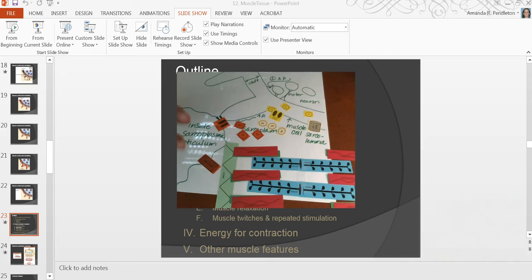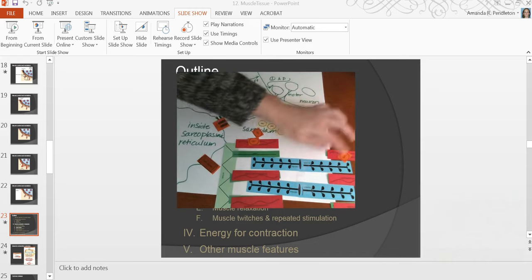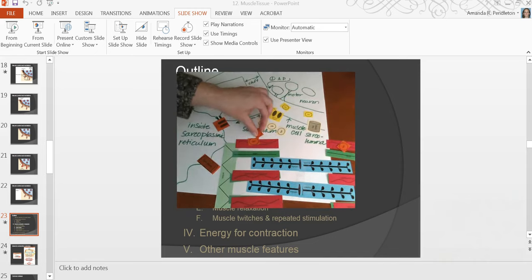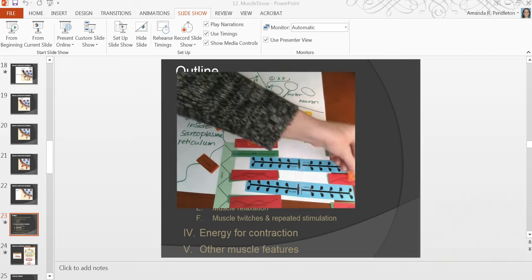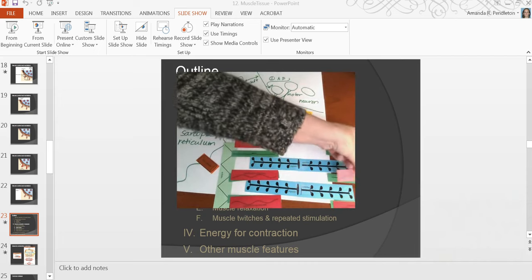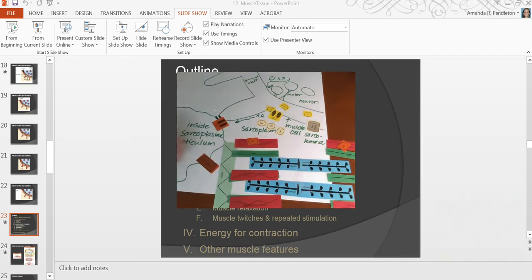What calcium then does is it will come over to troponin and tropomyosin and pull it off of actin. So calcium comes, pulls troponin and tropomyosin away from actin.